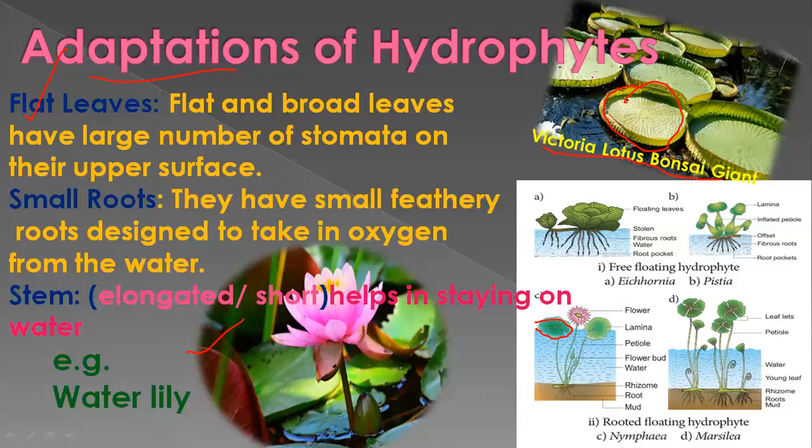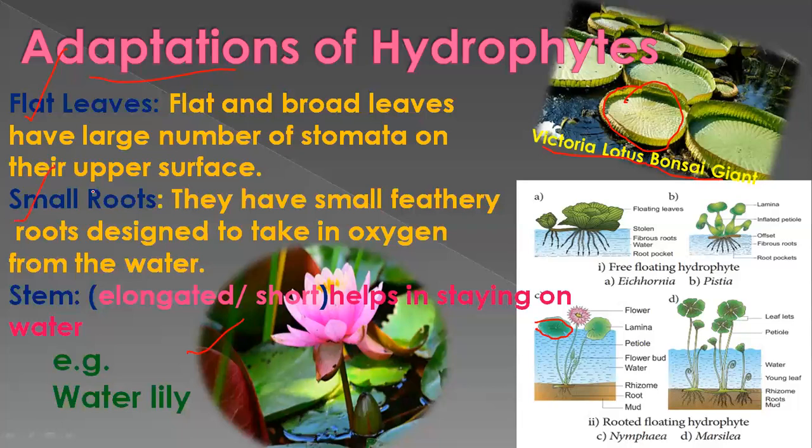When there are lots of stomata on the upper surface, there is more evaporation of water from here. So the water which is absorbed by the roots and these leaves is evaporated in a proper amount. So the water content can be adjusted here.